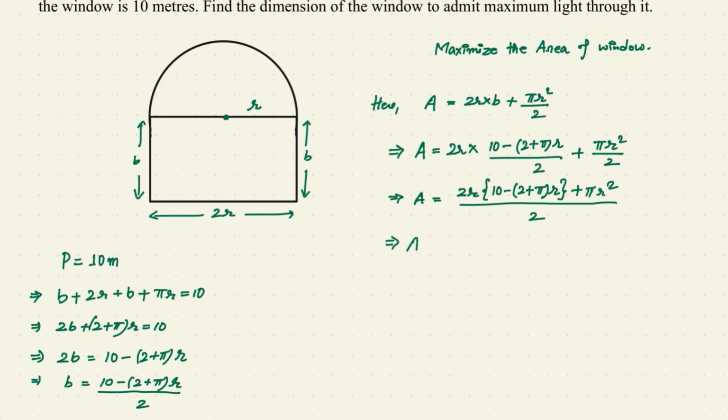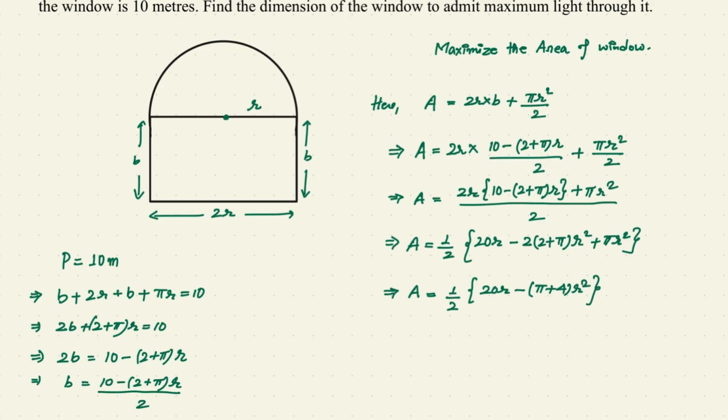So that means the area will be 1 by 2 into (20r minus 2 into (2 plus pi) r square plus pi r square). Now if you simplify everything, you will get the value of A as 1 by 2 into (20r minus (pi plus 4) r square).